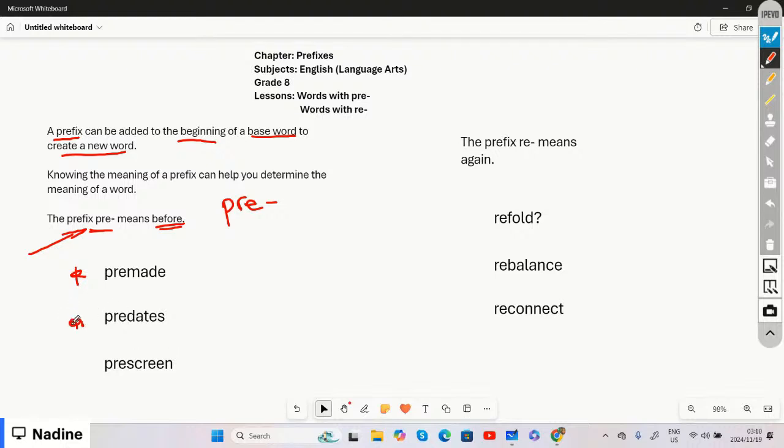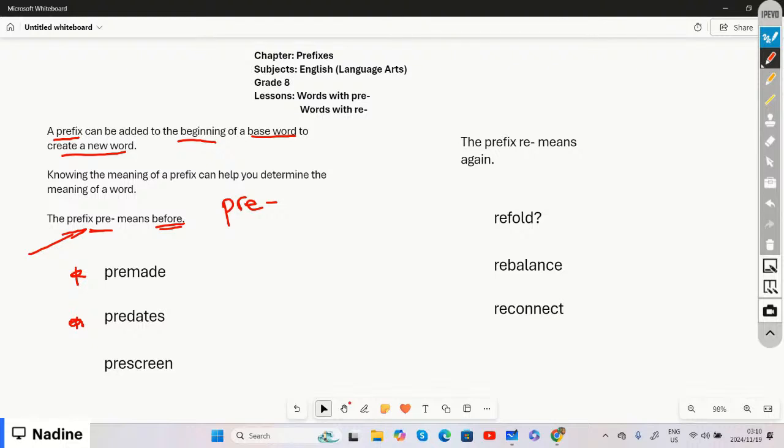Then we have another one, which is predates. Predates means things that were way before something else.